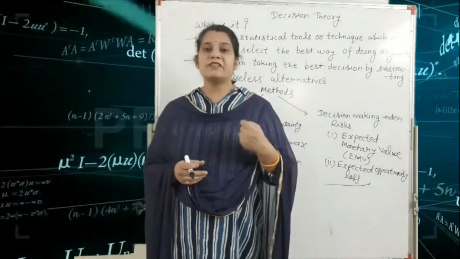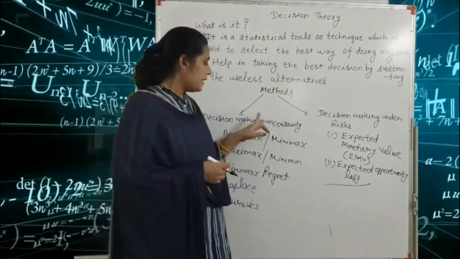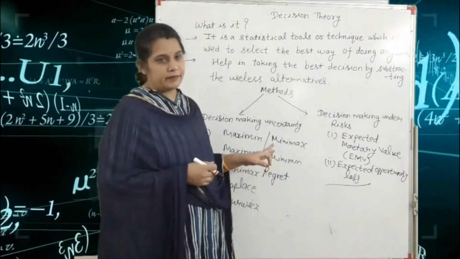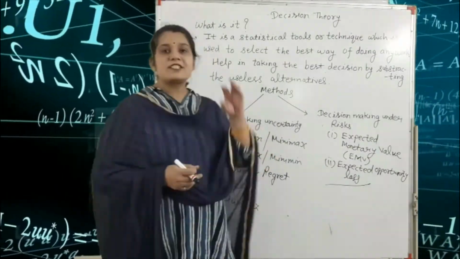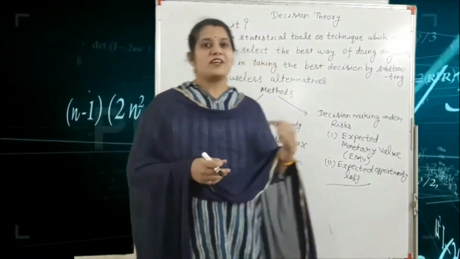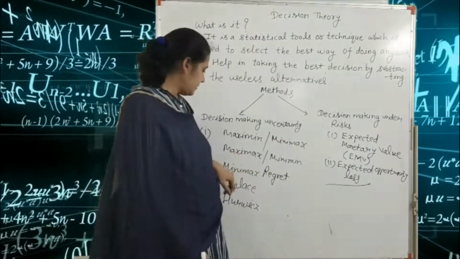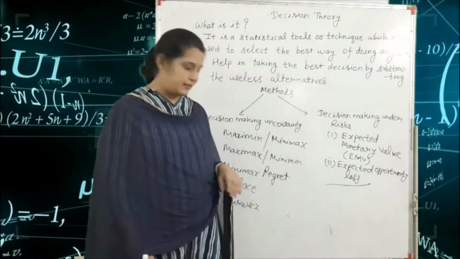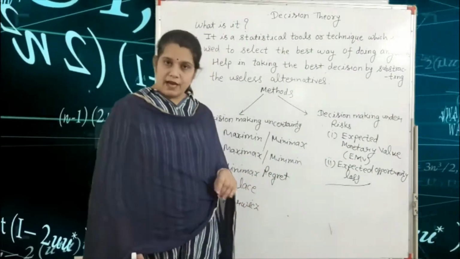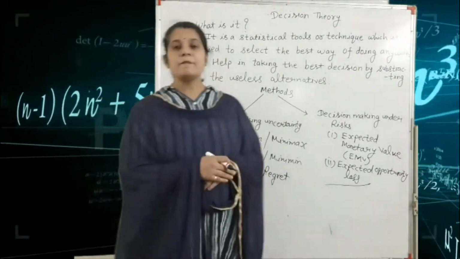We take one example and apply all five methods: first maximin, second maximax, third minimax regret, fourth Laplace, and fifth Hurwicz.